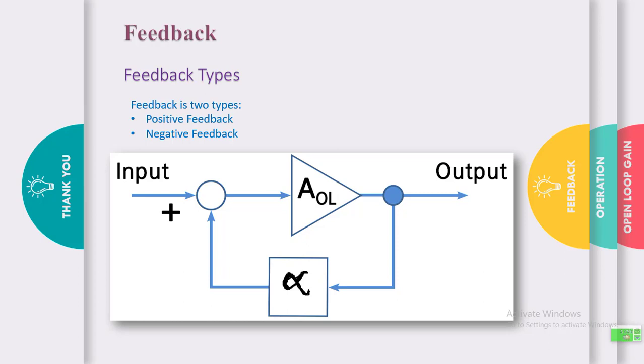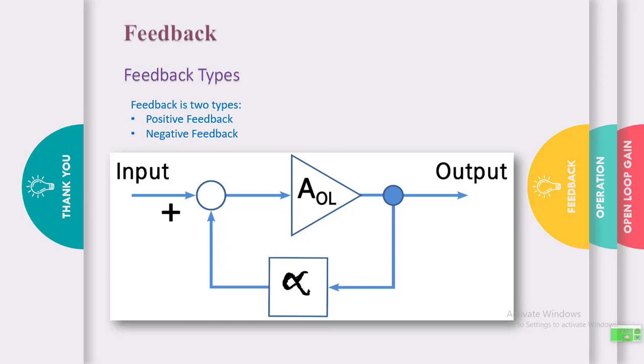from output to input terminal. If this alpha is positive, then your input increases because input must be positive. So if your input increases, that should be called positive feedback.